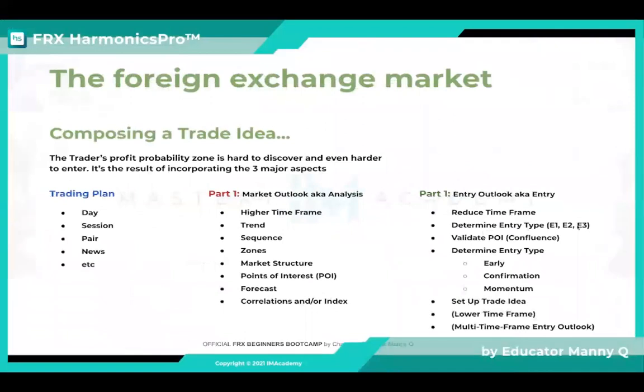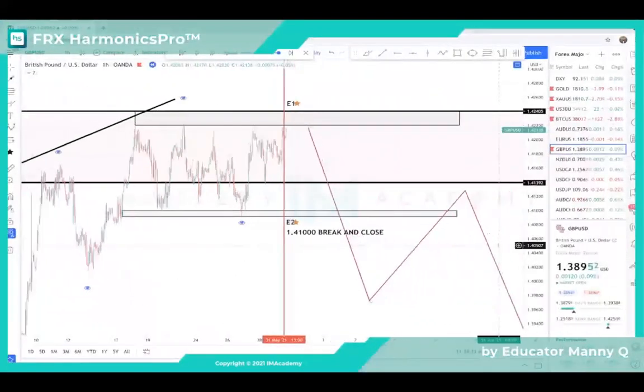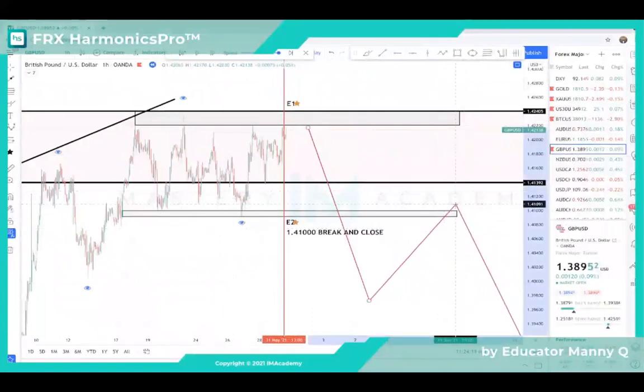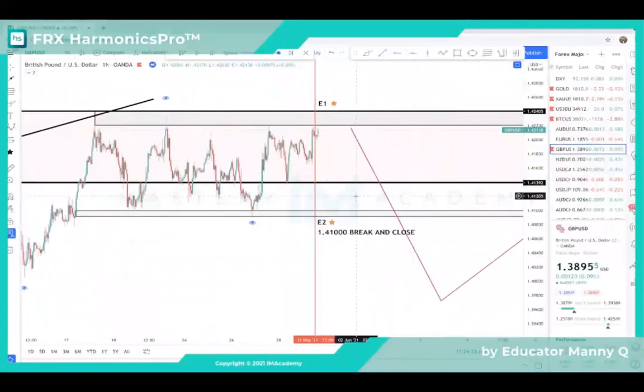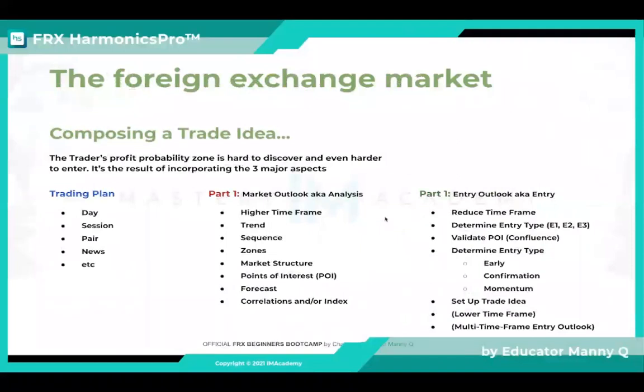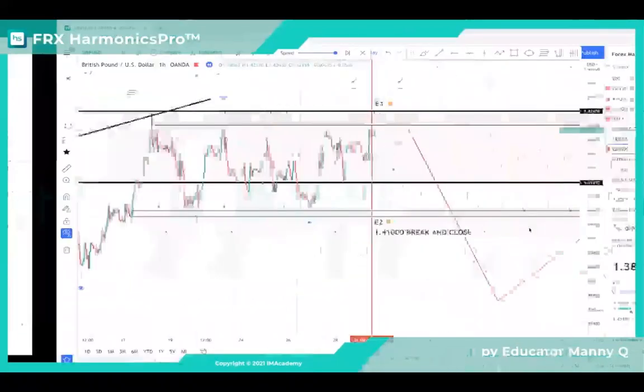Now, the E3 entry point is the retest. Remember, this is all following the market structure rules, right? So before we get to E3, let's check out E1 and then let's check out E2. Now, all right, no, hold on, because I have to go to validate the POI. So E3 would be the retest.